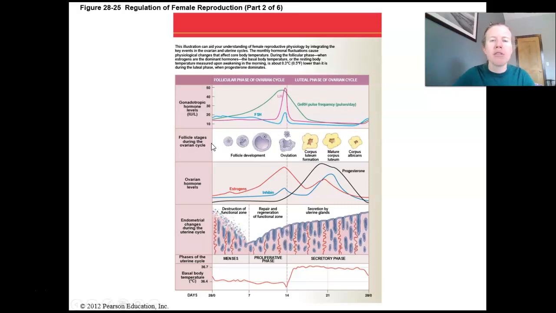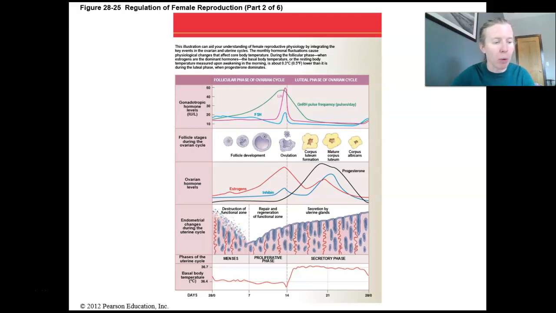So what we'll see happening is that during the follicular phase, gonadotropin releasing hormone is being released from the hypothalamus, a pulse every 60 to 90 minutes. Okay, so just a little pulse of gonadotropin releasing hormone, right?